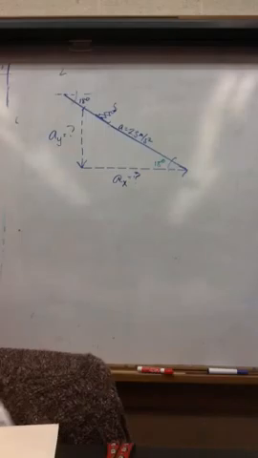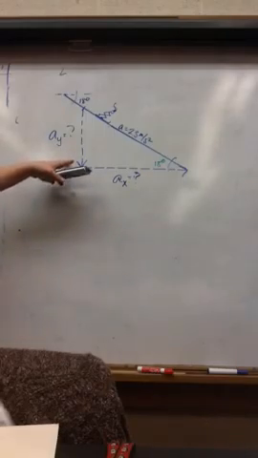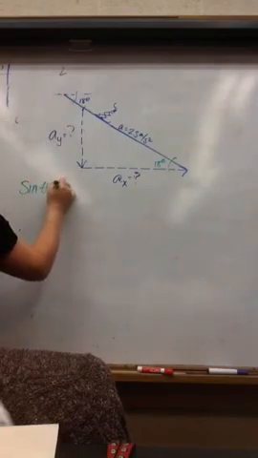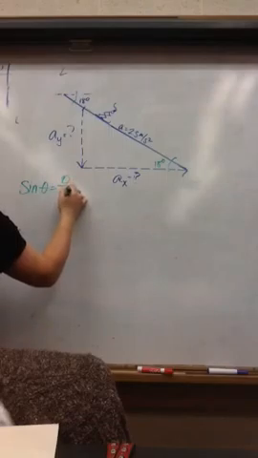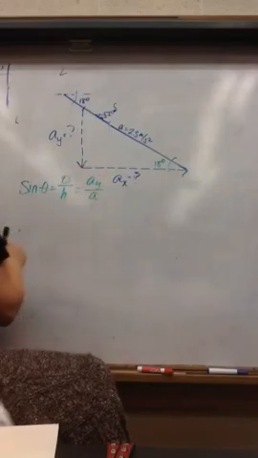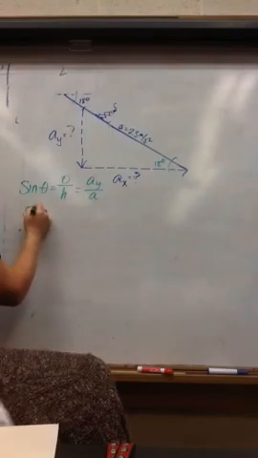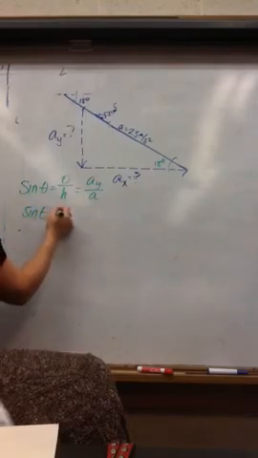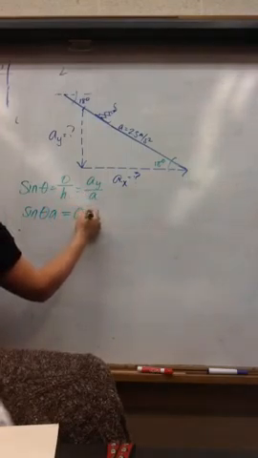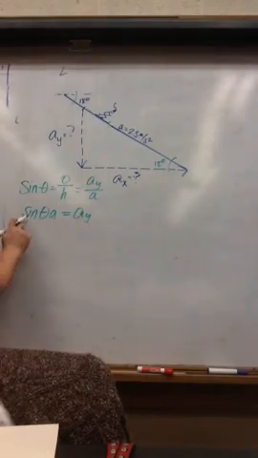What trig function connects the hypotenuse and the opposite? Sine. So we'll start off with sine of theta equals opposite over hypotenuse. In that case, it's going to equal our y acceleration over our acceleration. So sine theta times acceleration will give us our y acceleration.